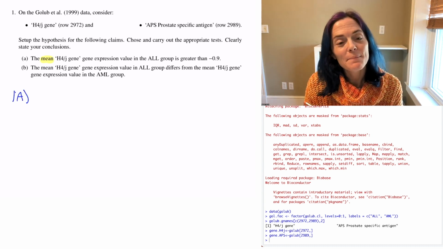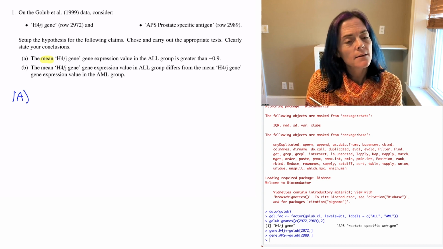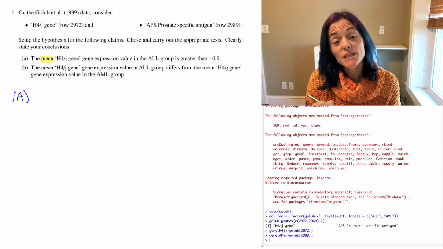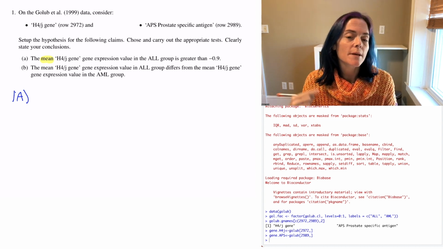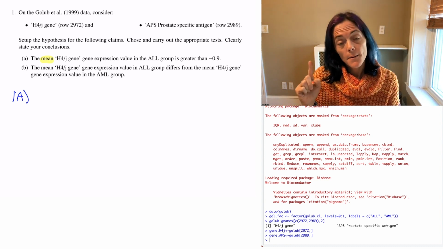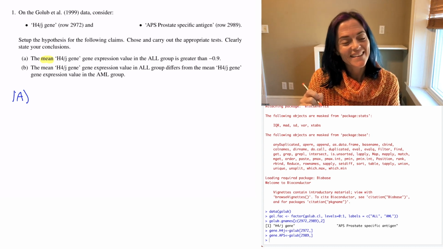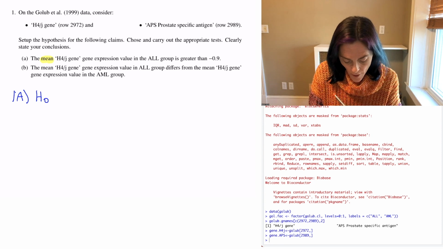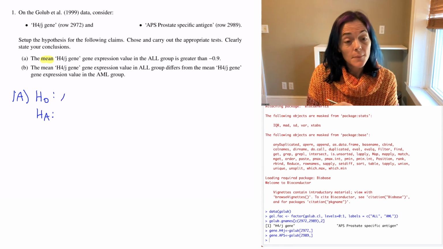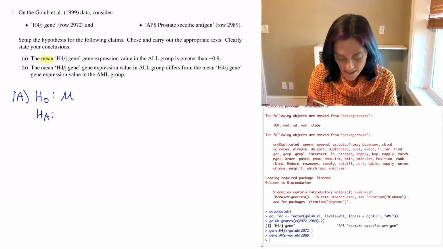This claim is about a mean. It says the mean H4J gene expression value in the ALL group is greater than -0.9. Well, we need a null hypothesis and an alternative hypothesis. Maybe I will just call this mu, although there's really a special mu here.